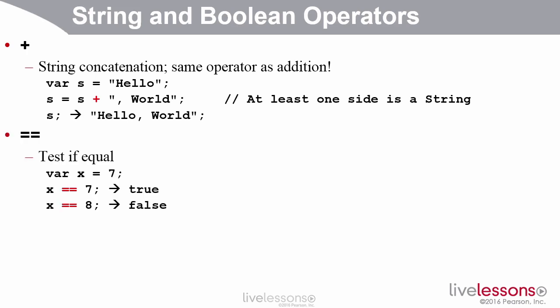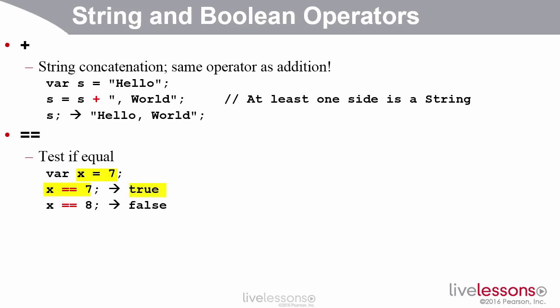There's also the equal operator. So equals is a little bit confusing to non-programmers because it doesn't say these things are already equal. The equals operator means assign the value on the right side to the thing on the left side to make it equal. The double equals operator means test to see if they're already equal. And we'll revisit this a lot when we get to conditional operations. So if x is equal to 7, and I say, is x equal to 7?